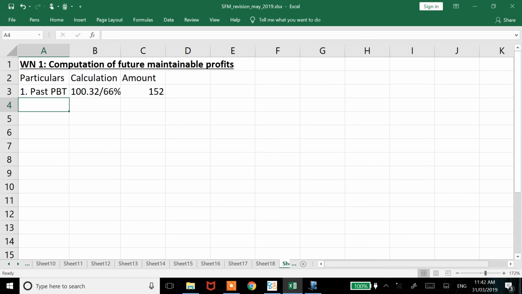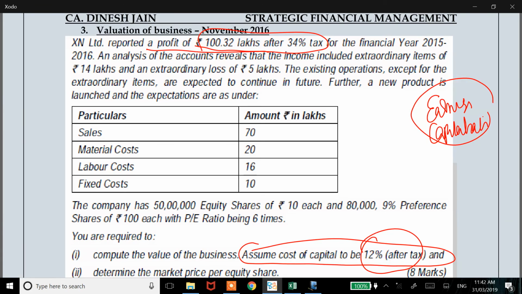Then I'll remove all those extraordinary items, whatever data is given. We'll add and subtract certain items and get to future maintainable PAT. What is to be done with the extraordinary income of 14 lakhs and the extraordinary loss of 5 lakhs?